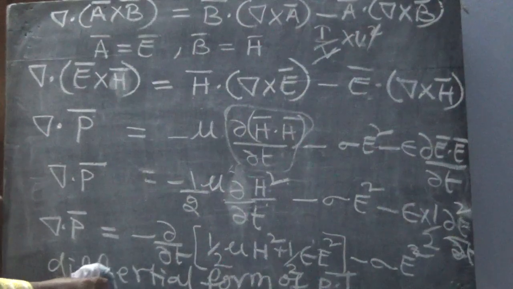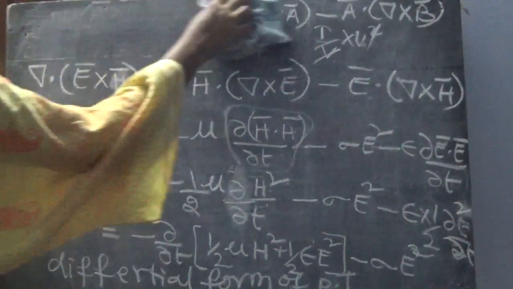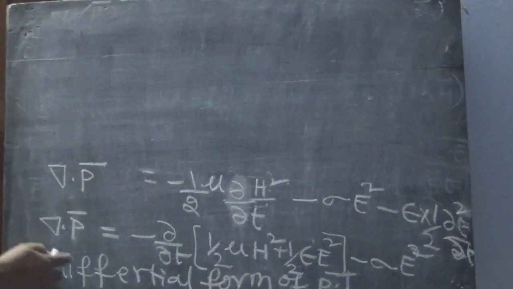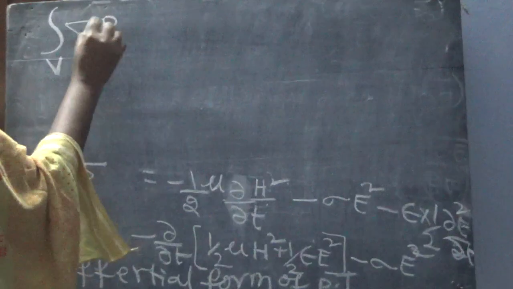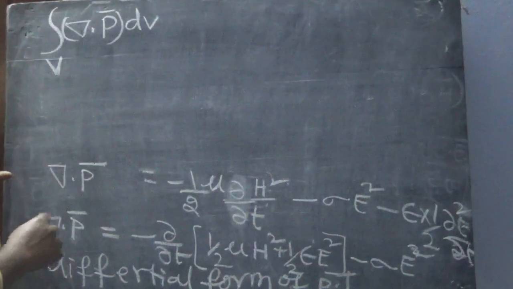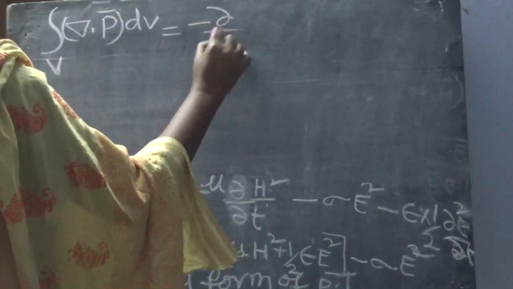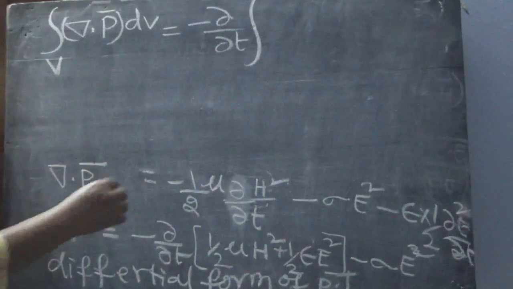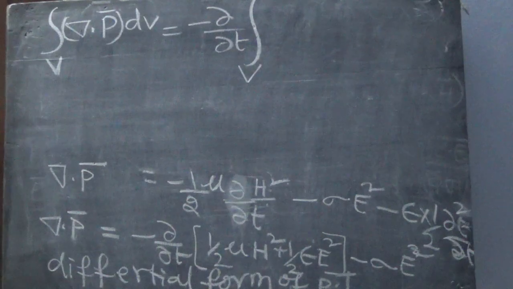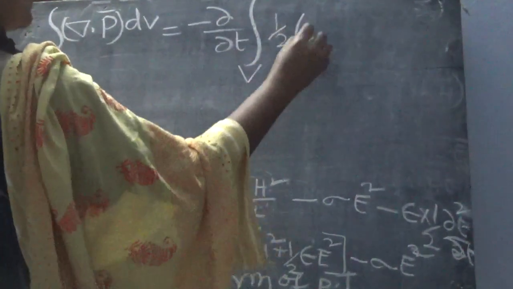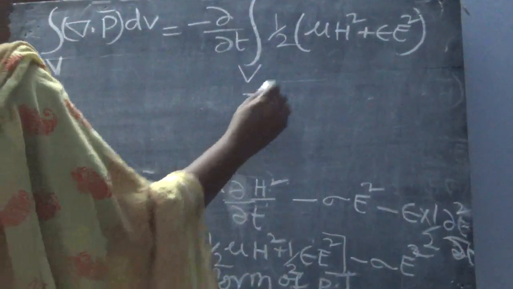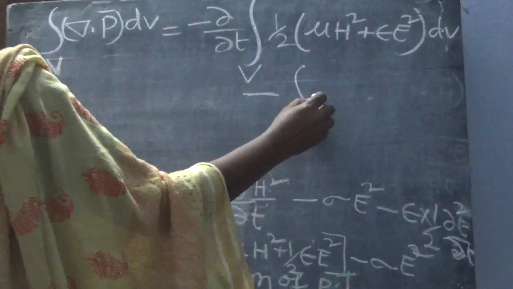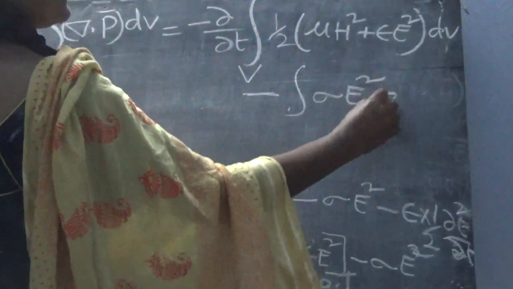Now I want to write the Poynting theorem in integral form. So what I have to do is take the integration over a volume. So ∫∇·P̄ dv is equal to minus ∂/∂t of the integral of half into (μH² plus εE²) dv minus the integral of σE² dv.